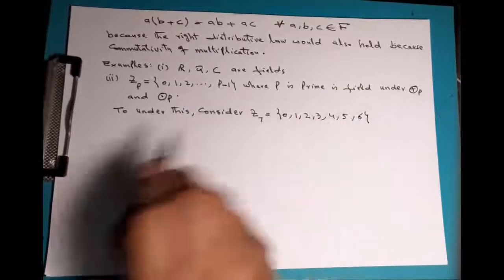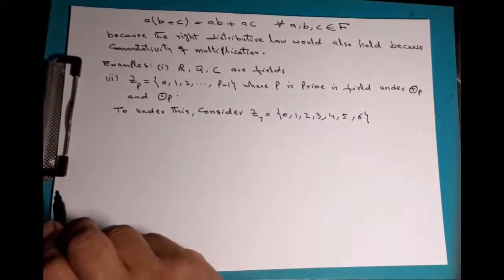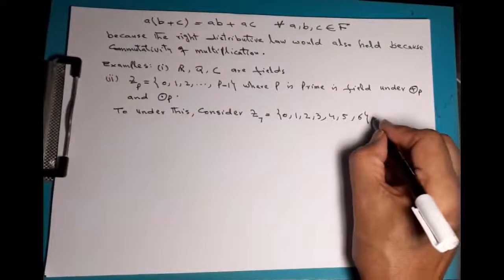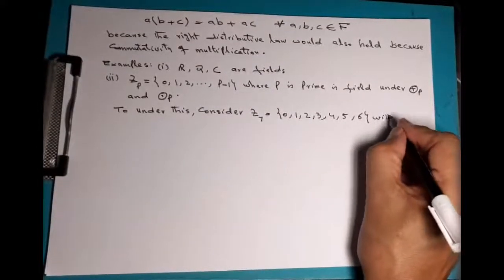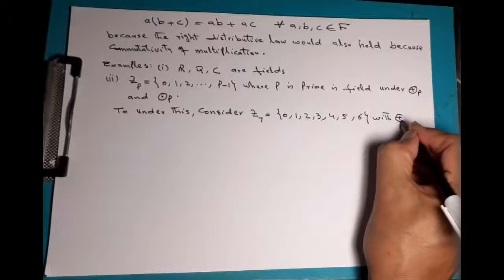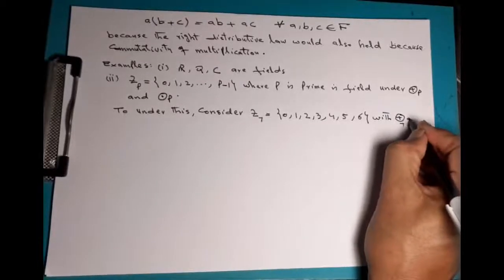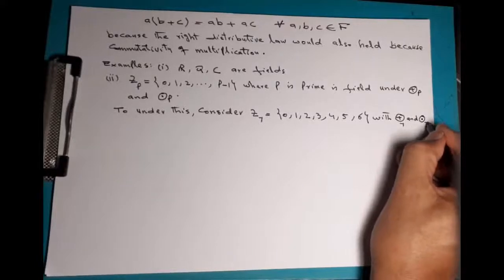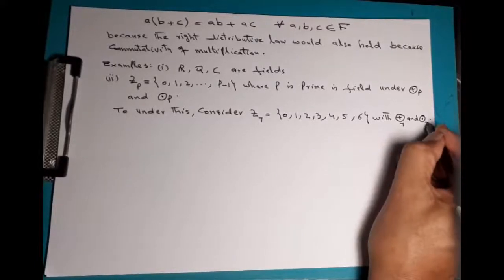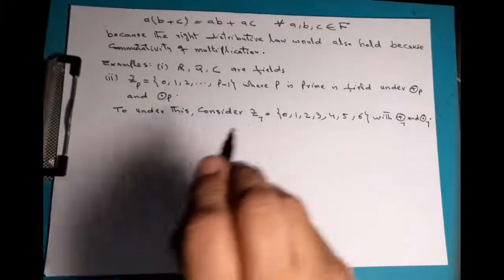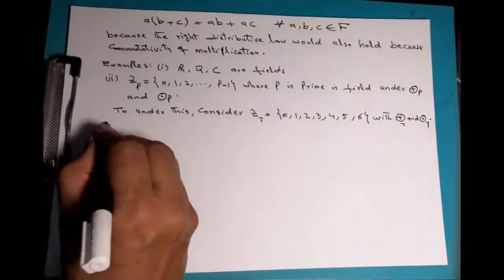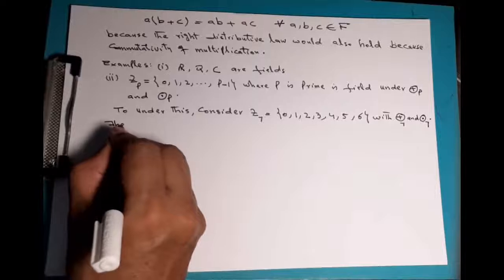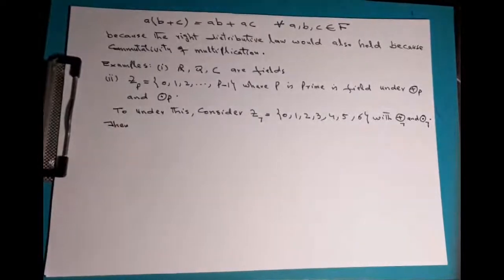These are in fact equivalence classes, but however, with binary operations, addition modulo 7 and multiplication modulo 7. So consider Z7 with these two binary operations. Then first of all, we consider Cayley's table for addition modulo 7.